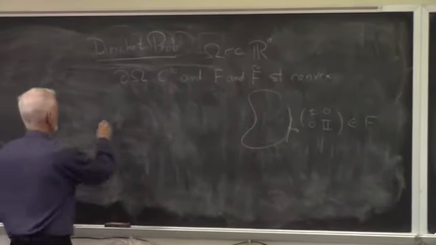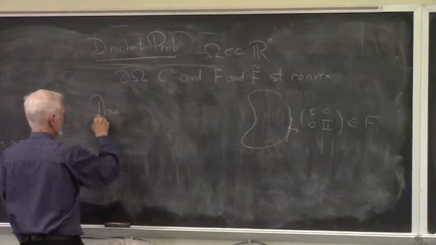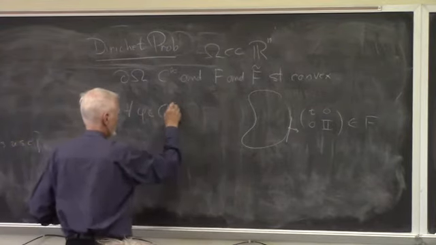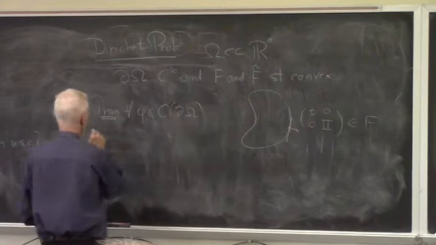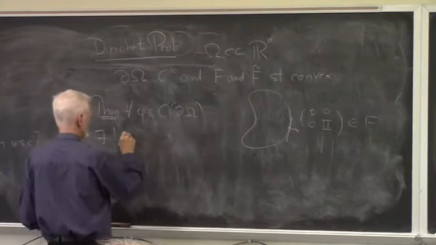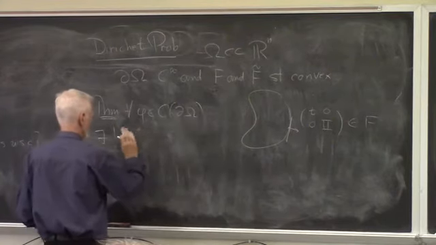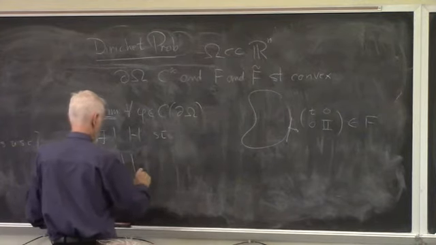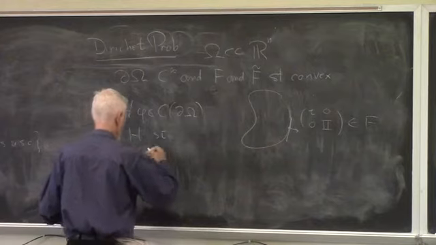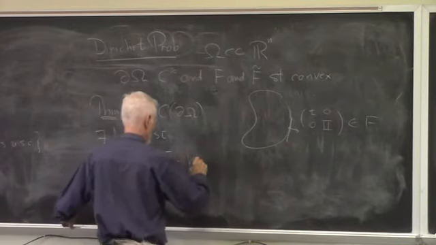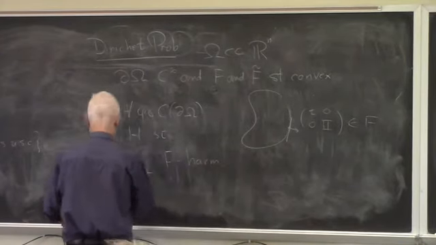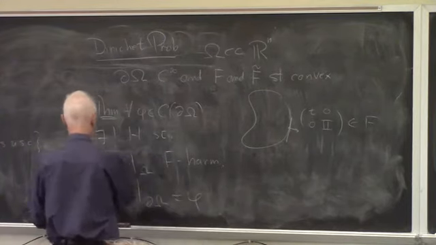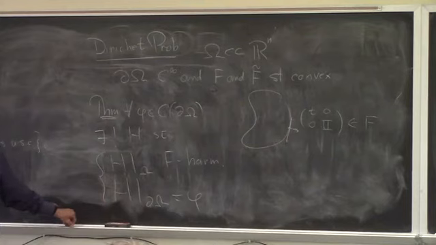But whenever that's true, the theorem is that for every function which is continuous on the boundary, there exists a unique function, capital H, so that H restricted to the interior is F harmonic, is actually a solution, and H restricted to the boundary is the given function. This is the classical Dirichlet problem.